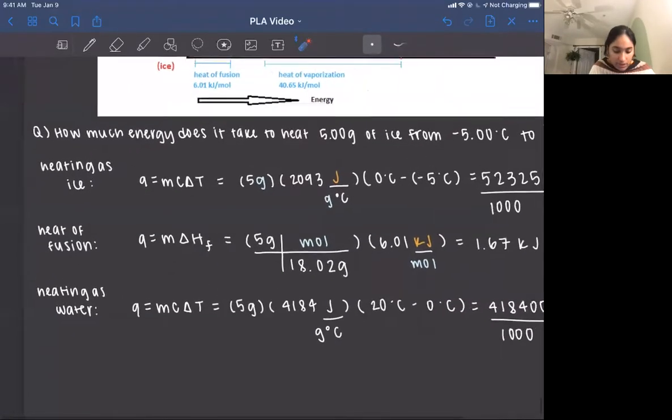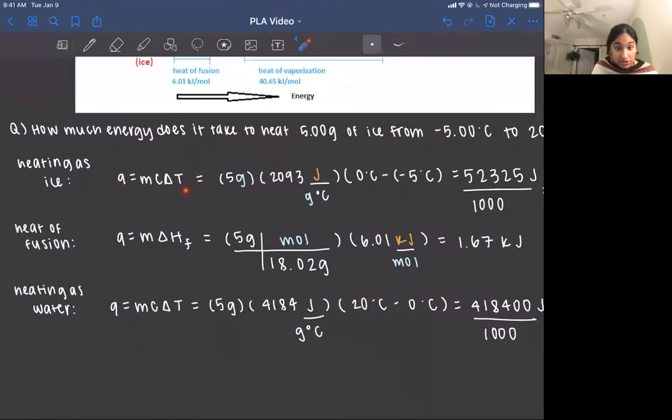And for both the heating portions, we're going to use this equation, the MCAT equation, but for the heat of fusion, we have to use the heat of fusion of ice. And there's a couple things to note, and most of them are about the units. So in Q equals MCAT, our M represents the mass, which is in grams. Our C represents the specific heat, which is usually in joules per gram times Celsius. And then we have our temperature change, which is always final minus initial.